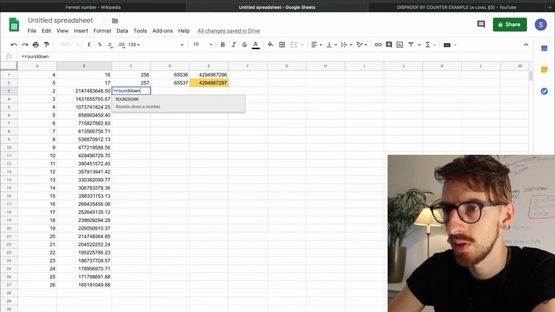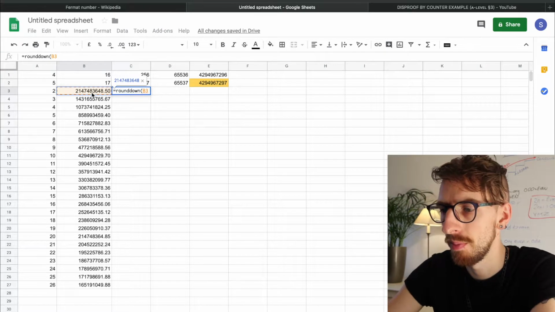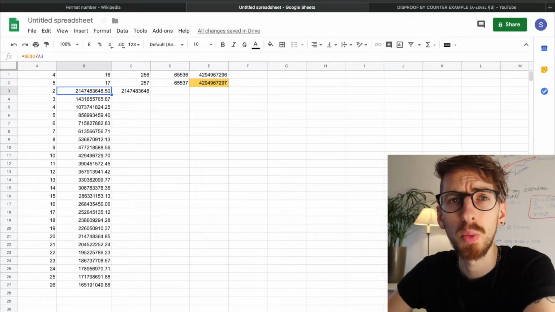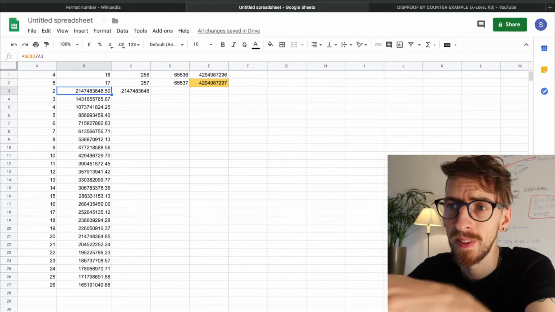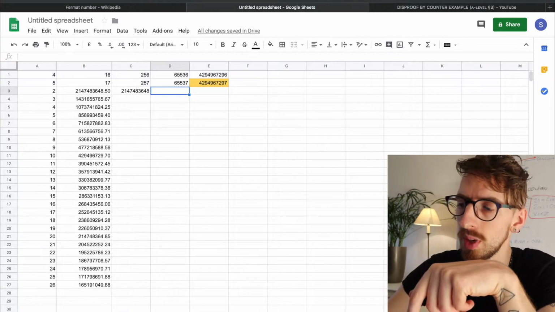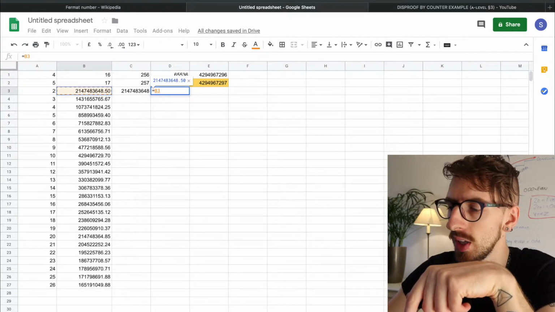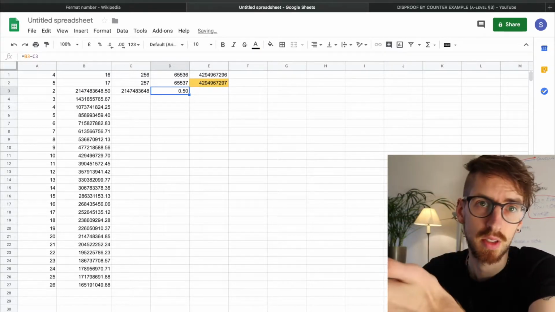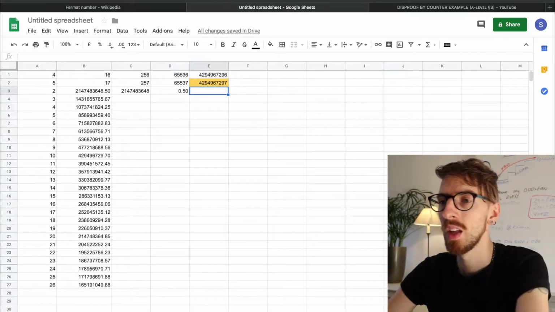Bam. So no matter what this number is, if we round it down, what we can then do is the original minus this one, and that's just the decimal.